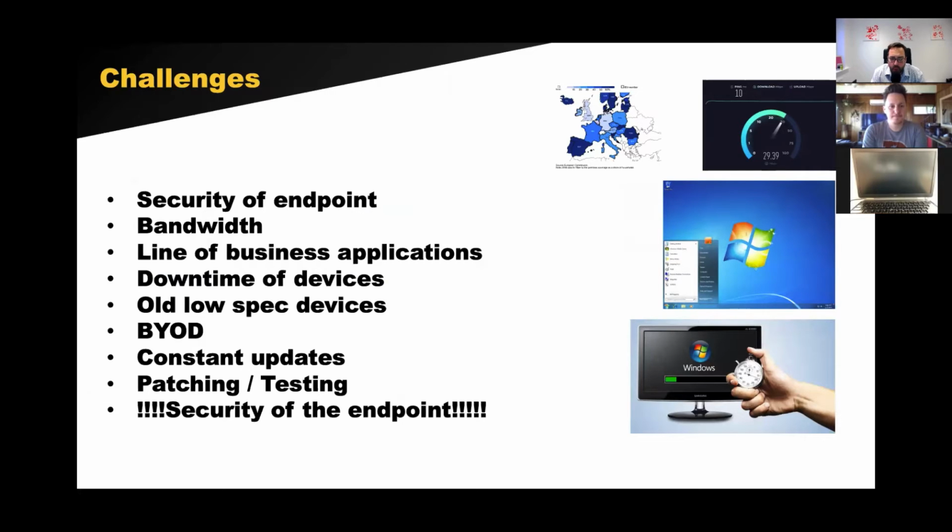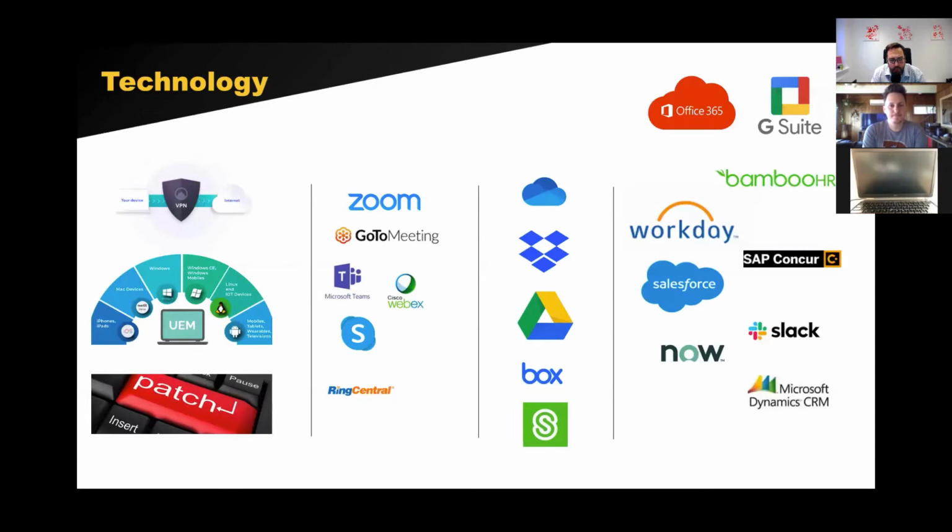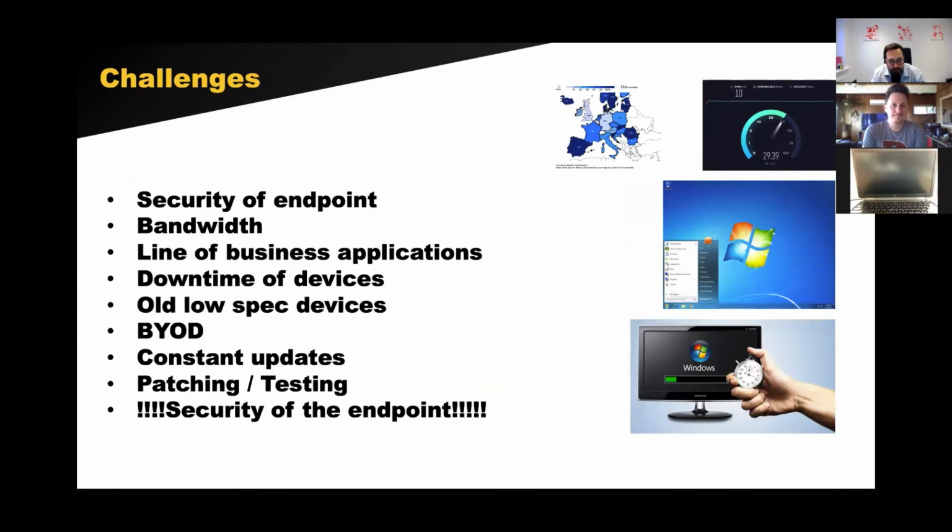So you look at all of those technologies that are out there, unified endpoint management, patching solutions, collaboration tools, enterprise file sync and share tools, SaaS-based applications, and yet we've still got some concerns. And those concerns really come down to the fact that bandwidth is a limit.